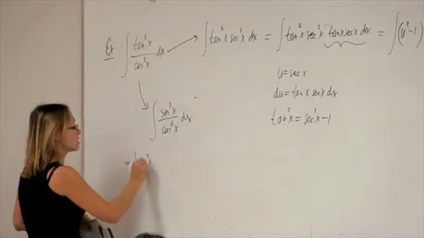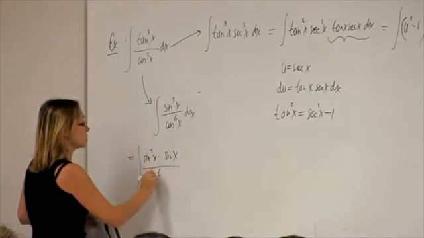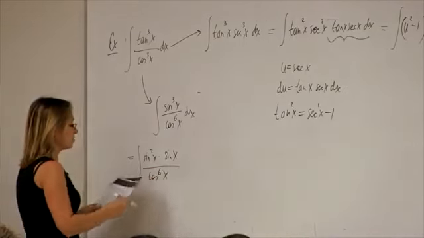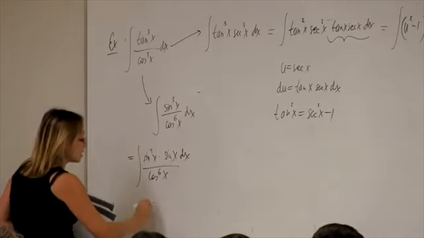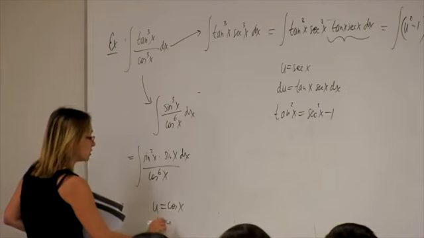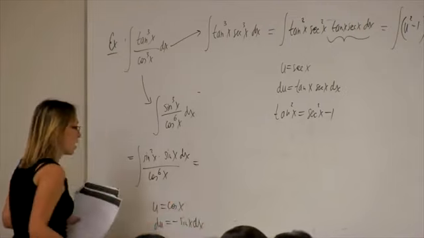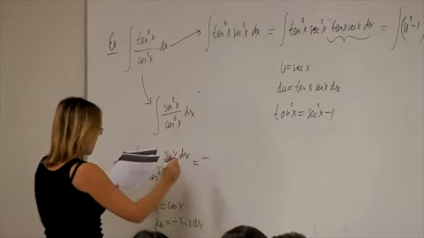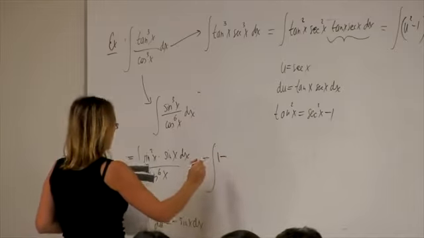Sine squared x times sine x over cos to the 6 x, right? And this is a derivative of a cos. So in this case, I say u equals cos x, du is minus sine x dx, which gives me minus.